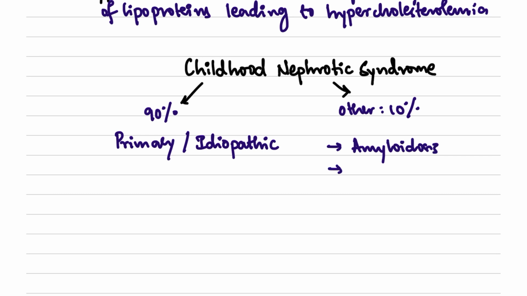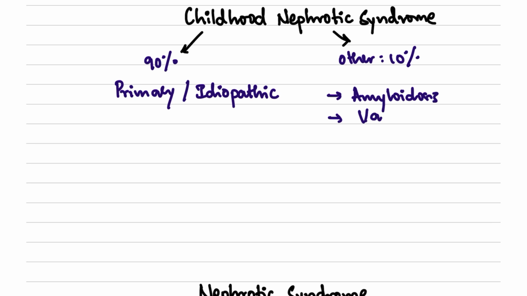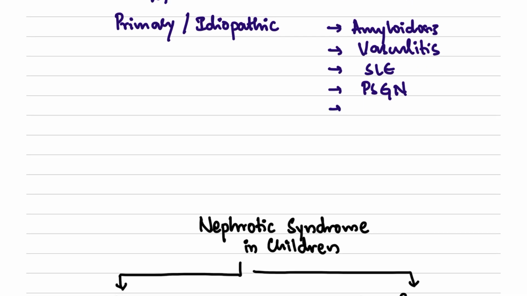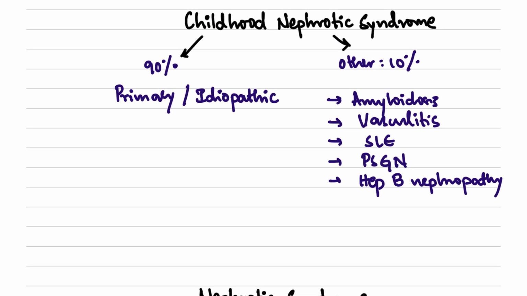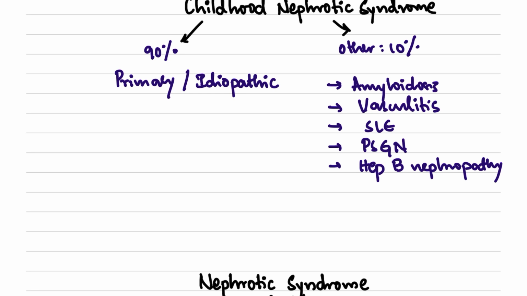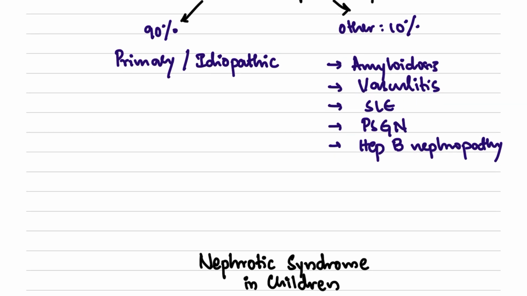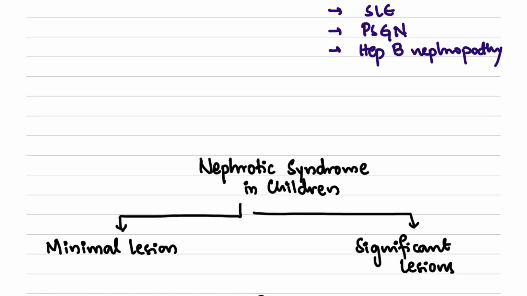Then it can also occur on the background of vasculitis or SLE, in the background of PSGN, that is the post-streptococcal glomerulonephritis, which is a part of nephritic syndrome features. It can also occur in the background of hepatitis B nephropathy. So you need to know that 90% of the cases are primary or idiopathic, while only the 10% cases will be secondary to diseases such as amyloidosis, vasculitis, SLE, PSGN, as well as hepatitis B nephropathy.